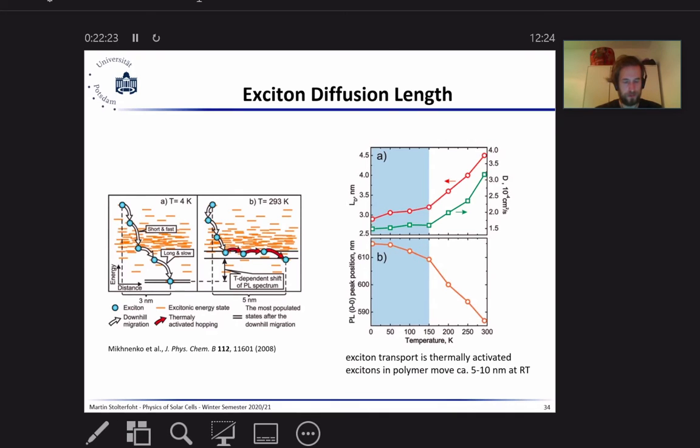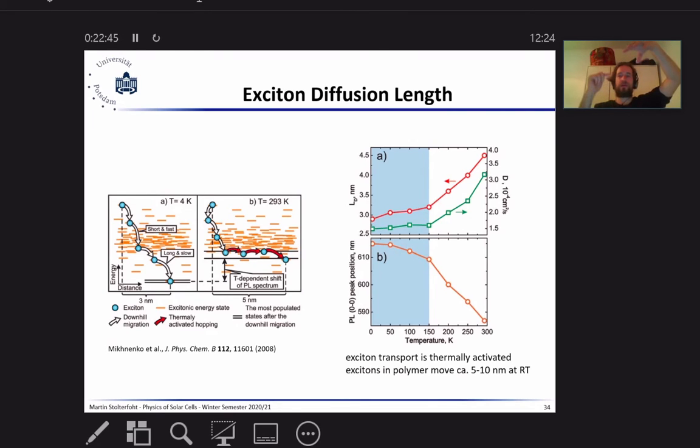Okay, this is also quite fast, but the exciton, because the dielectric constant is low, they always feel each other. The exciton is bound by 700 millielectron volt. Remember the room temperature, the thermal voltage is 25 millivolt.